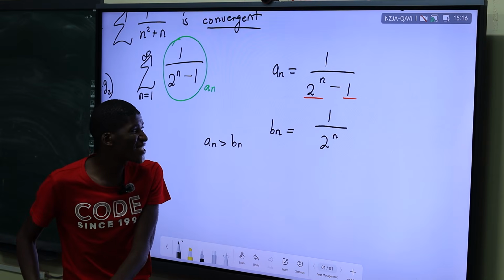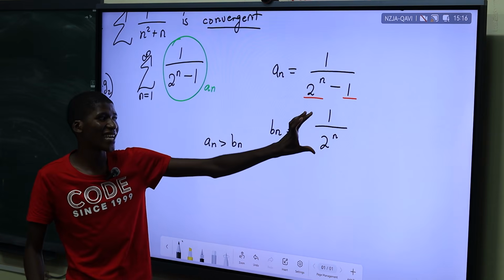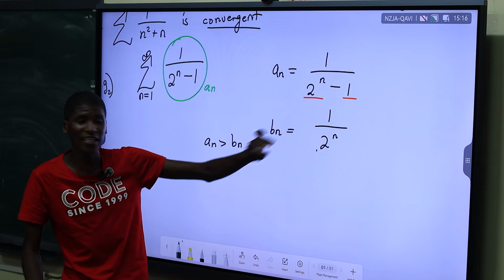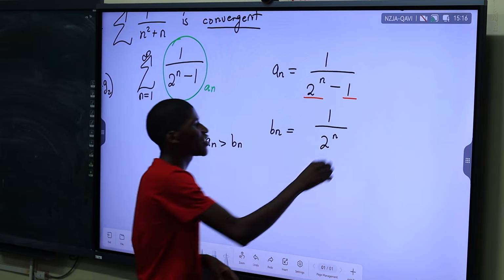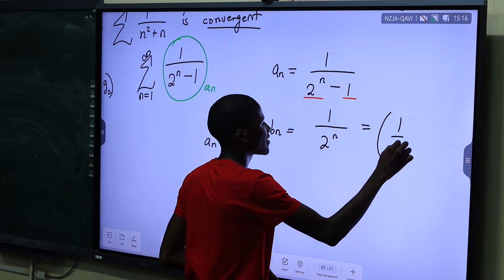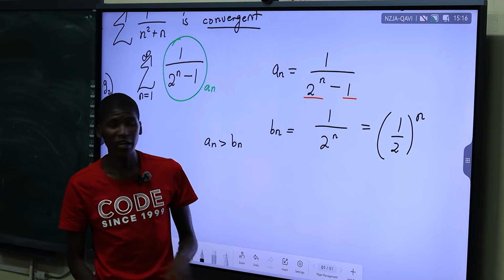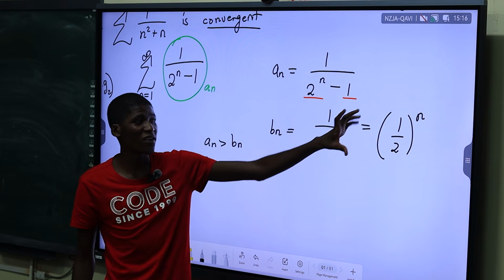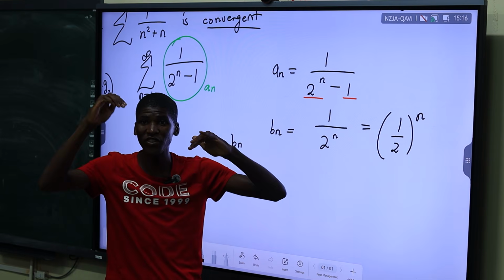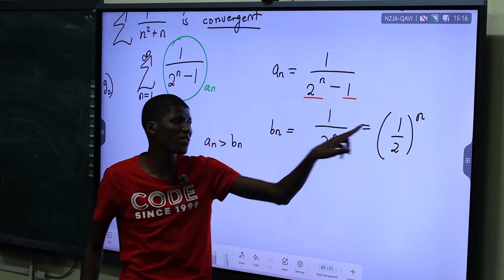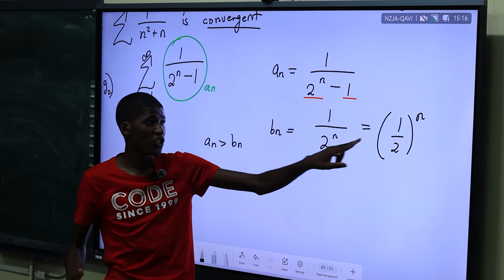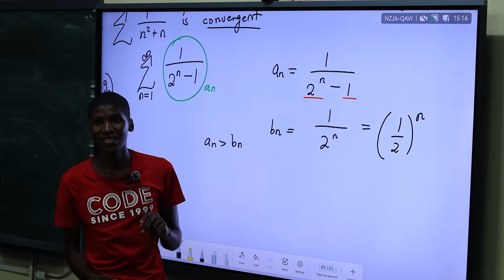Okay, so when you do a geometric series test, we realize that this is a geometric series, and it's having a ratio of 1 over 2. So this is 1 over 2 to the power of n. You have 1 over 2 all raised to the power of n, because 1 raised to the power of n will still be 1, and 2 raised to the power of n will be this.